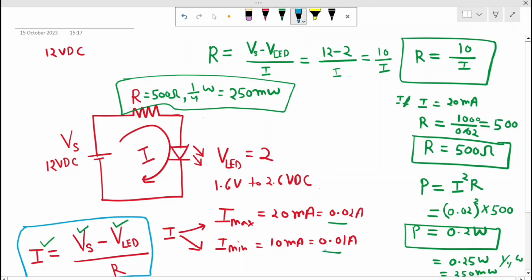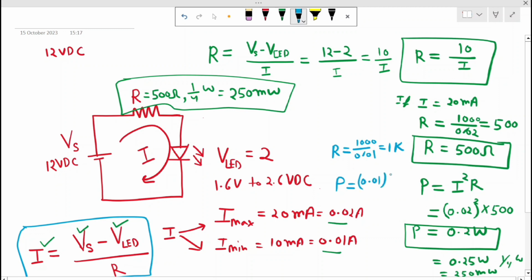If you choose I equal to 10 milliampere, then R is equal to 10 divided by 0.01, so you will get a 1k resistor, 1000 ohm. So 1k resistance, and then the power rating of the resistor we can calculate from this formula.